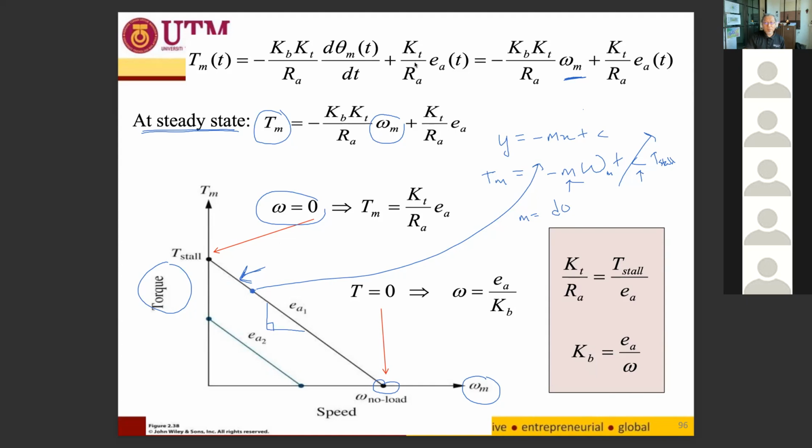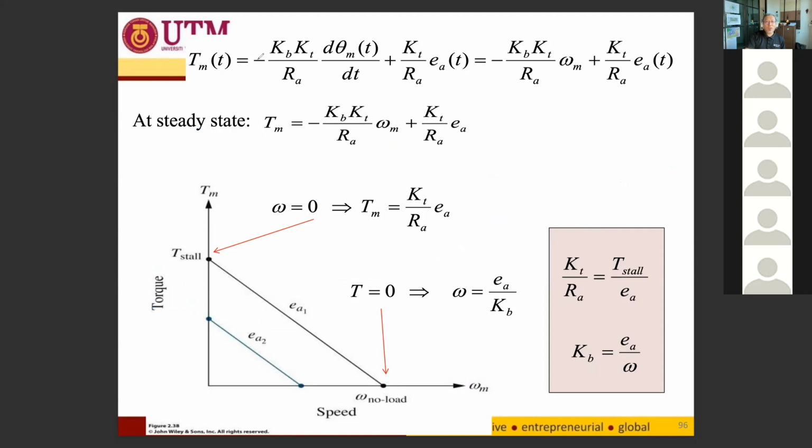I'm not sure. Since the graph is like this, it's a negative slope. Okay. Oh, belum masuk lab eh? Lab belum masuk.